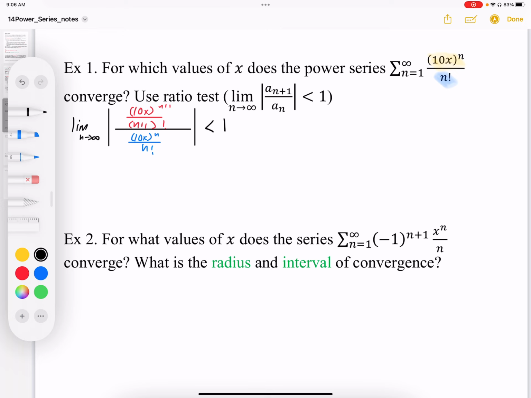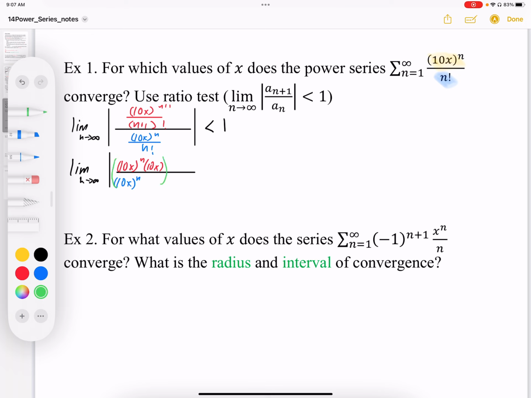So I'm going to rearrange this. I get the limit as n approaches infinity. I'm going to simplify this complex fraction. So we have 10x to the power n plus 1. I'm going to write that as 10x to the n times 10x. That's where the plus 1 is coming from. In the denominator, we have 10x to the power n. That's going to get grouped together.